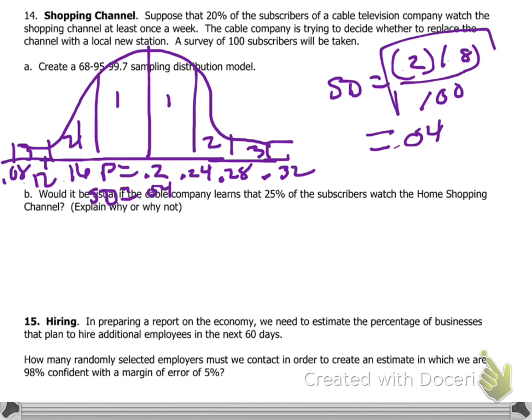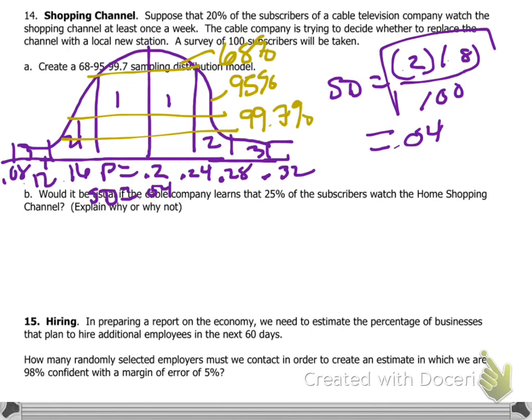Okay, let's change colors here. Now remember, 1 standard deviation is 68%, 2 is 95%, and 3 is 99.7%.